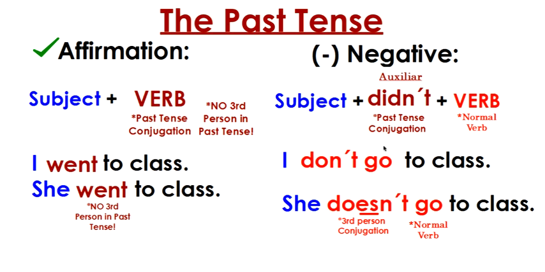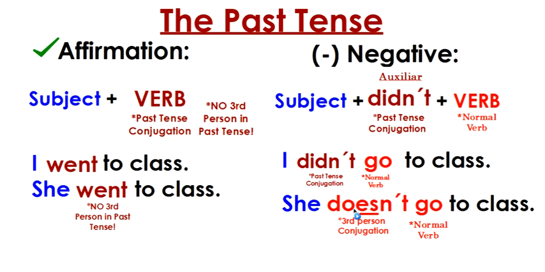For example, in the past, I can say this sentence, I didn't go to class. Again, the past tense conjugation is on the auxiliary, and I use the normal verb. For this one, it's the same.